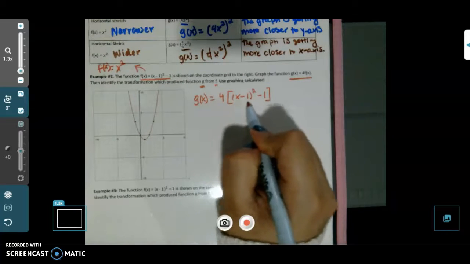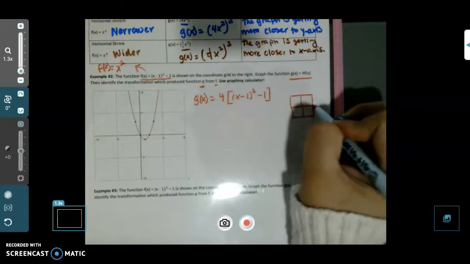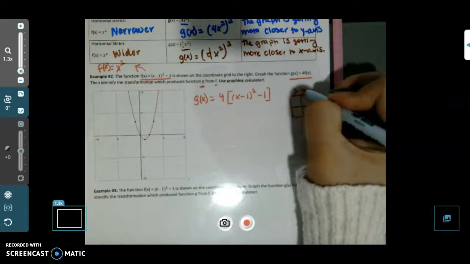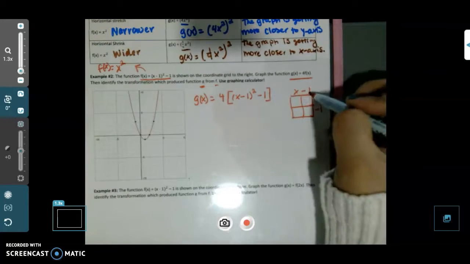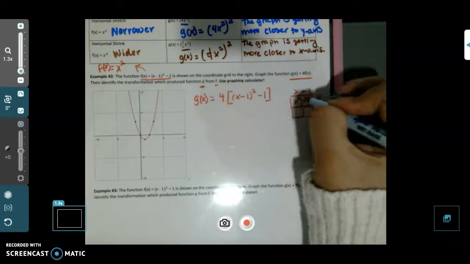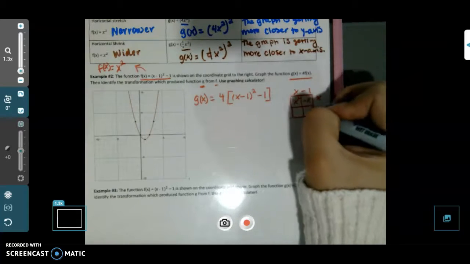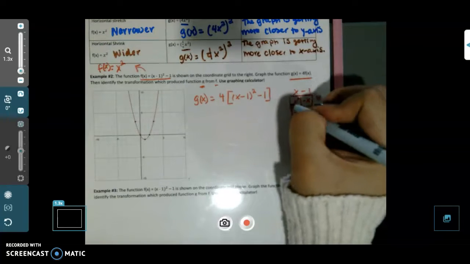So if you notice here, guys, I'm going to have to actually simplify this, okay? So I'm going to go ahead and draw my little area model and do x minus 1 times x minus 1, okay? Negative 1 times x is negative x. X times x is x squared. Negative 1 times negative 1 is positive 1. Negative 1 times x is negative x. Put them all together.